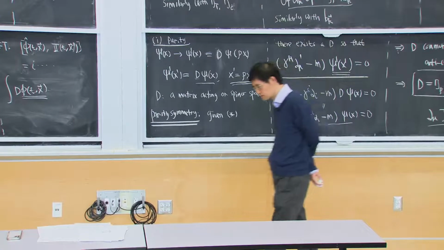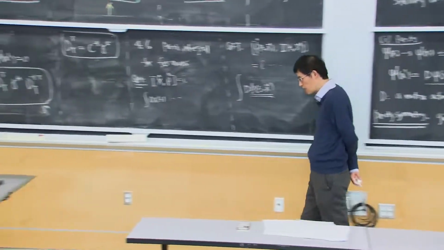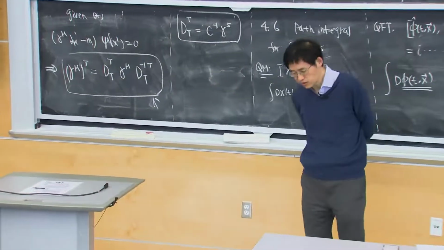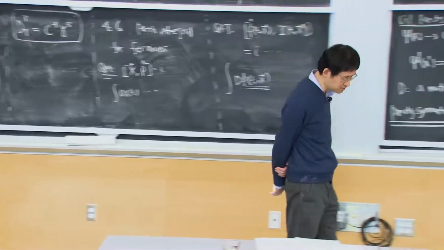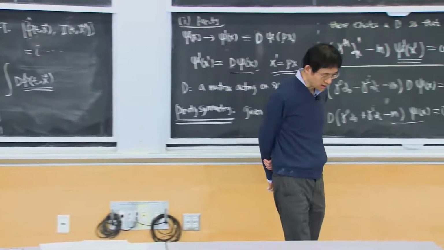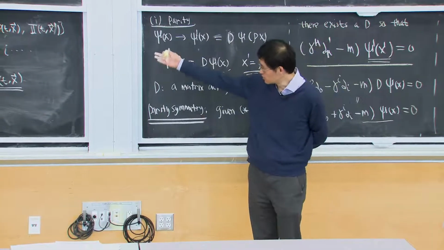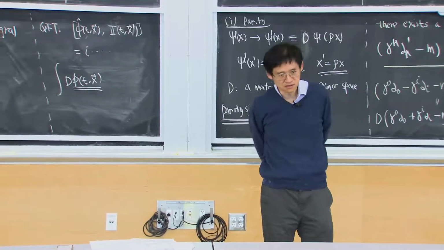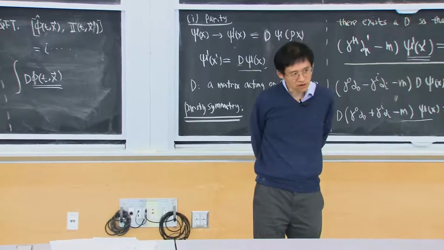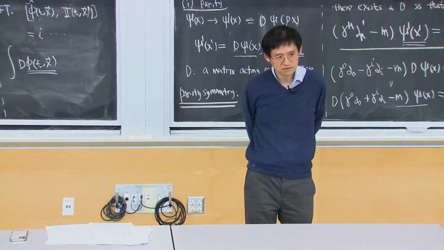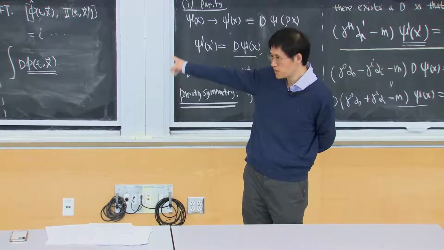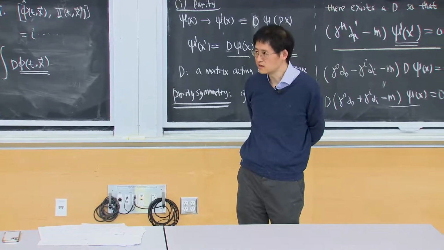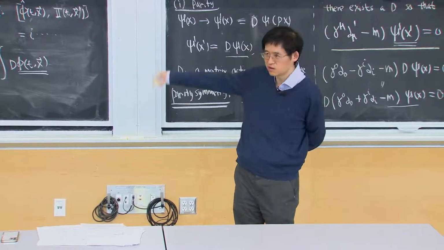Feynman came up with this idea of the path integral in 1948, and generalization to scalars was immediate. But he wanted to generalize to fermions, and for a long time he couldn't do it. If you just use this method for fermions, it just didn't work. We will not go through that exercise.